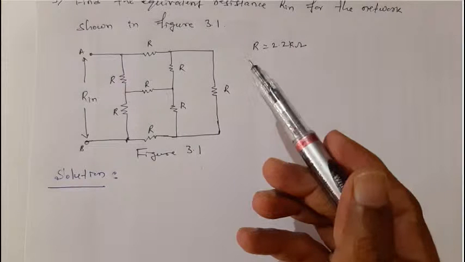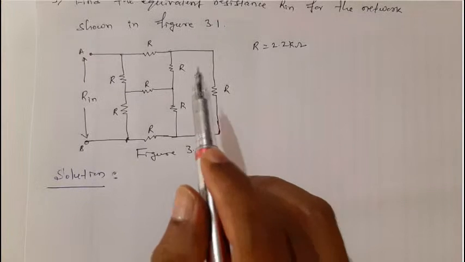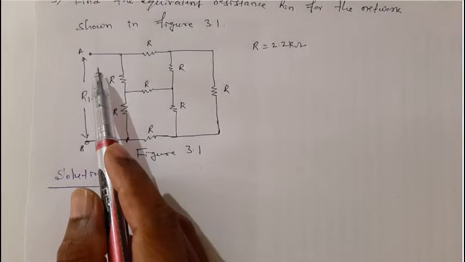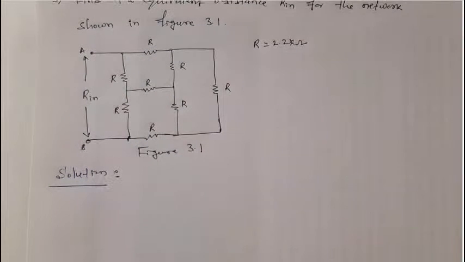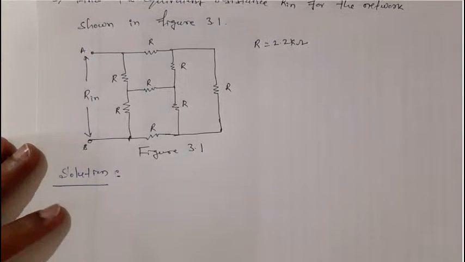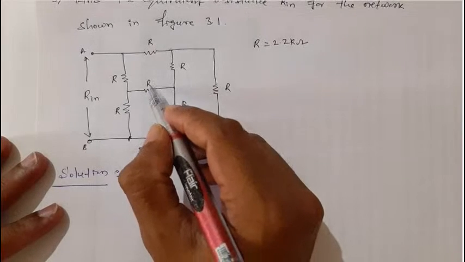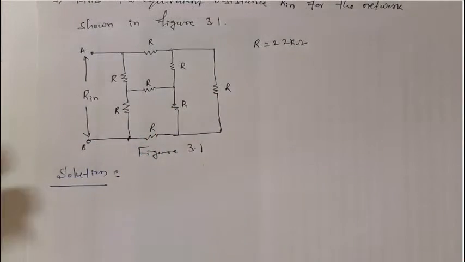Even though there are other methods, we will rely on delta to Y transformation, because he hasn't given any sources either. So I am going to use delta Y conversion to solve this. There are different methods to solve this.